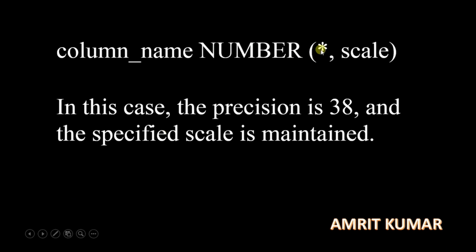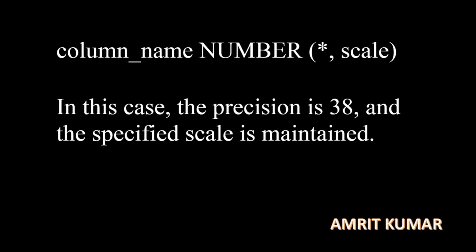Here we are using the precision value as asterisk. In SQL, asterisk means all, that whatever the precision is going to be, that is all. Comma, scale. Scale here is the total digits after the decimal, the total digits to the right of the decimal.